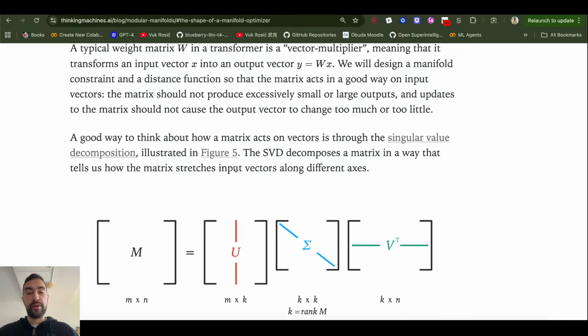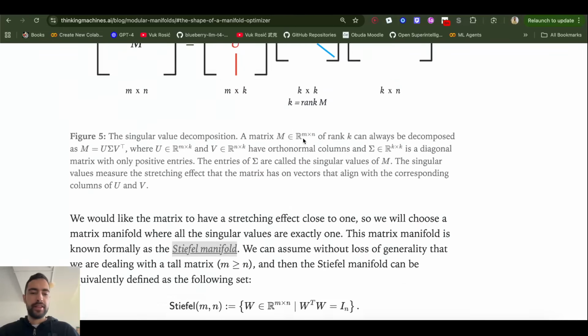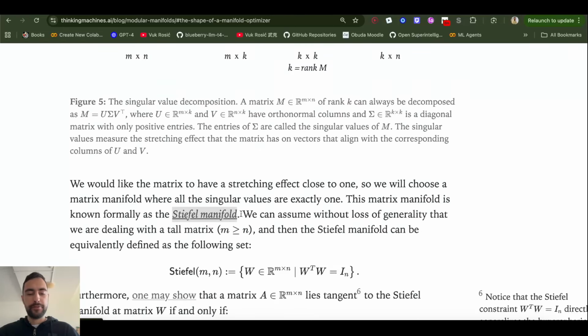In order for a matrix not to stretch or squish vectors, its singular values need to be exactly 1. And there is this Stiefel manifold. It's a surface, and if a matrix is on that surface, its singular values are 1, and it's not stretching or squishing vectors.